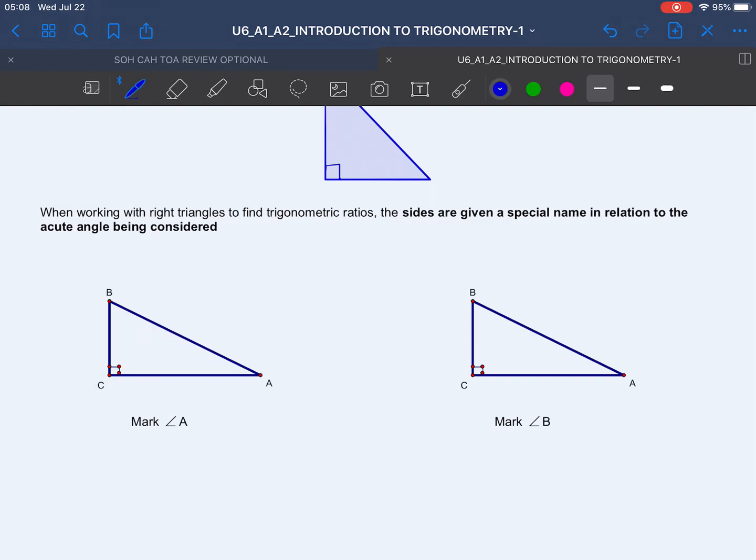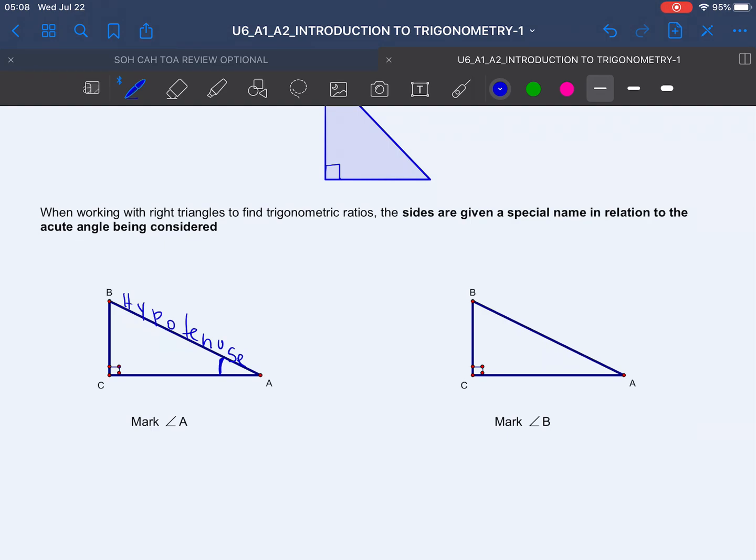And across from the biggest angle in the triangle, more specifically a 90-degree angle, is a side length that we call the hypotenuse. Now, the other two sides will have a special name as well, depending on the angle of reference that we are looking at. In this case, we'll be looking at the angle A, so I'm marking angle A right here.